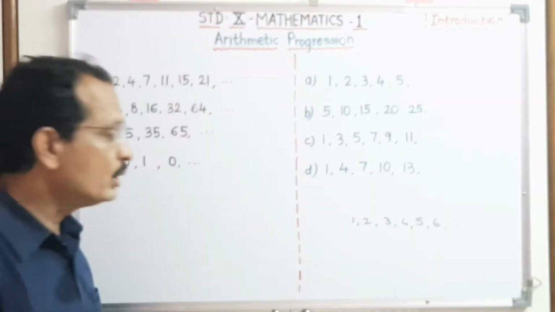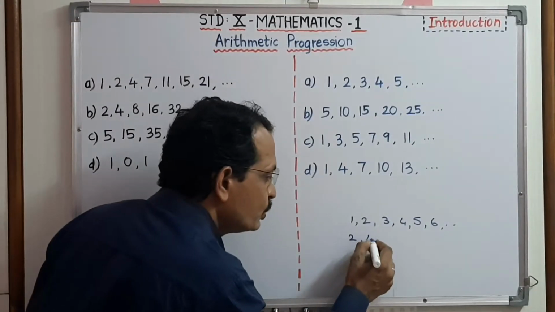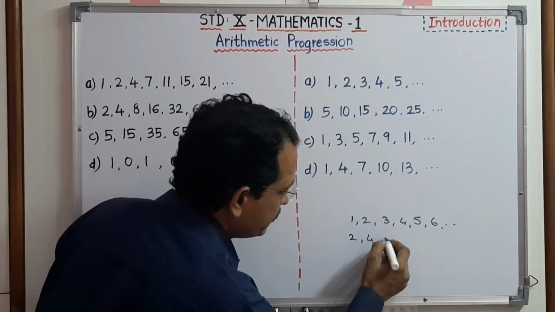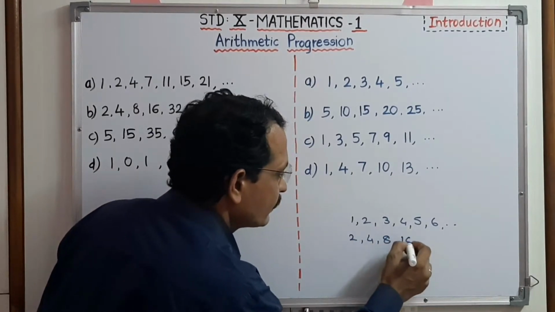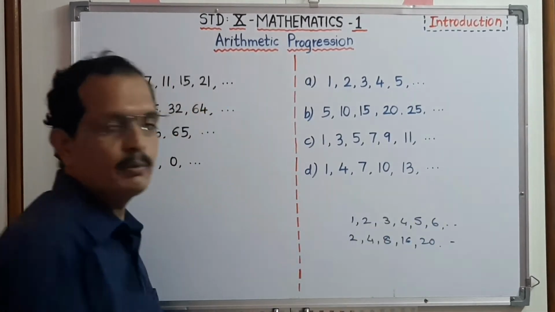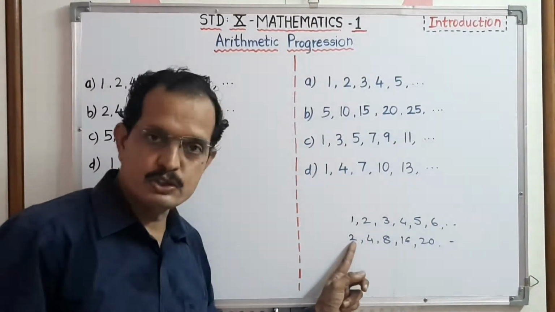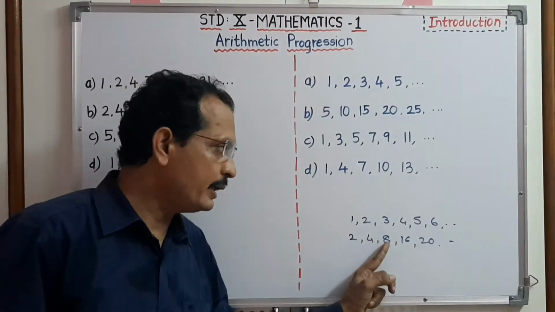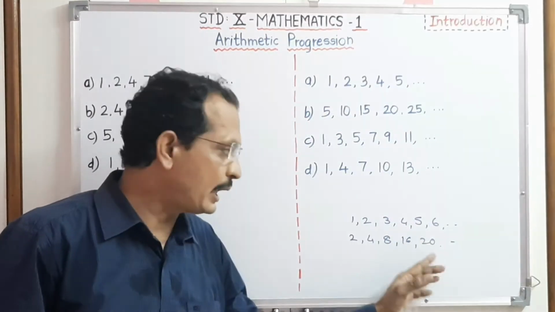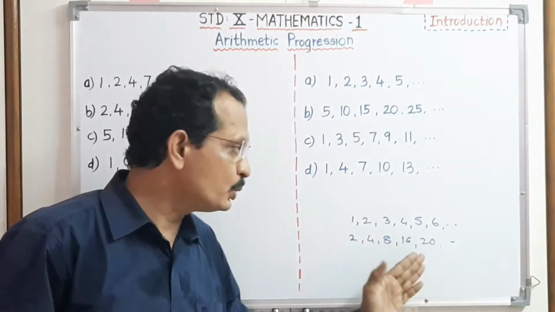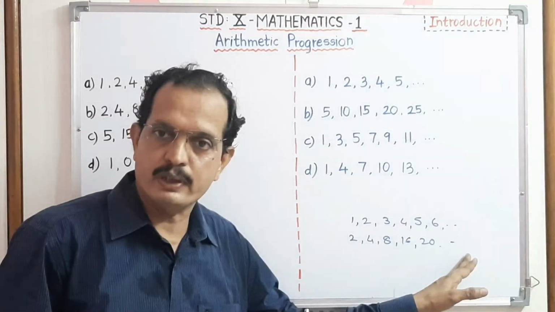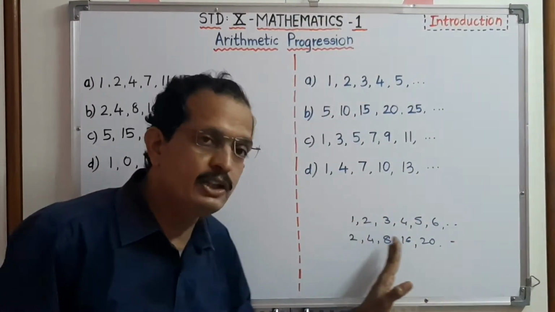After that you learn the tables. This is the table of 2: first number is 2, second is 4, 8, 16, 20, like this. You know after 20 there will be 25. That means these numbers are arranged in a sequence.